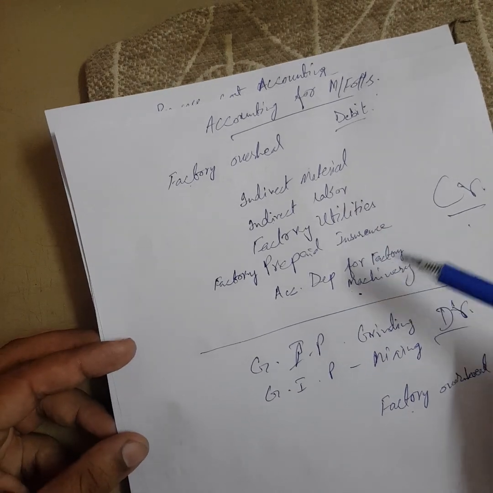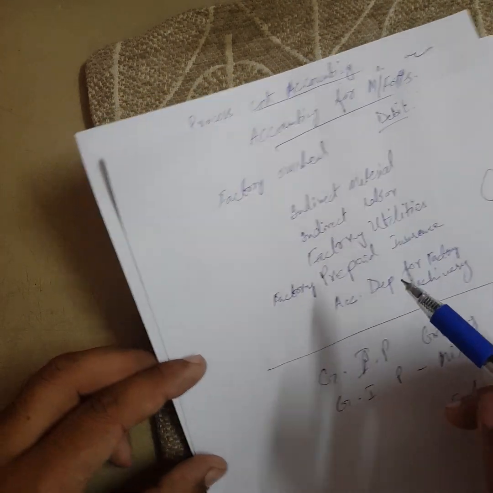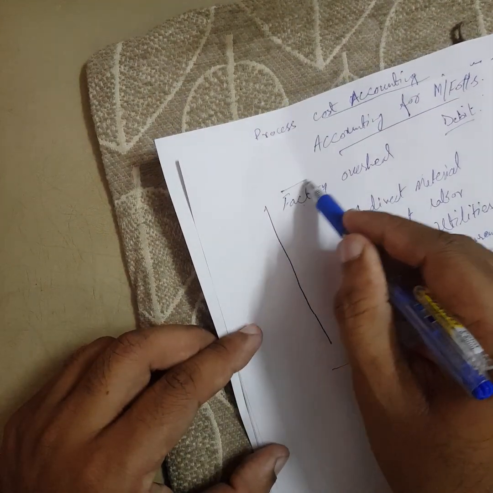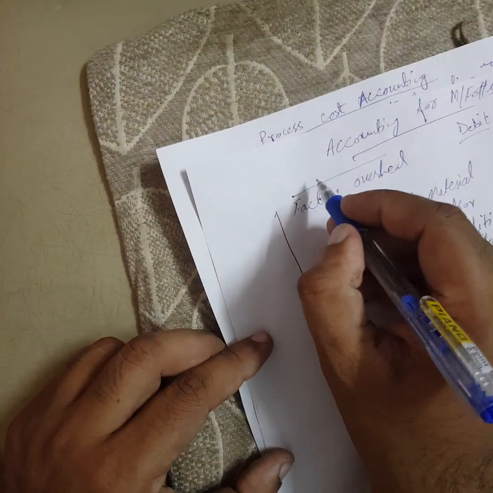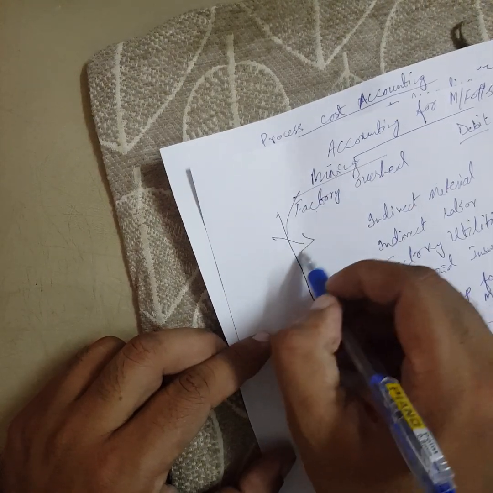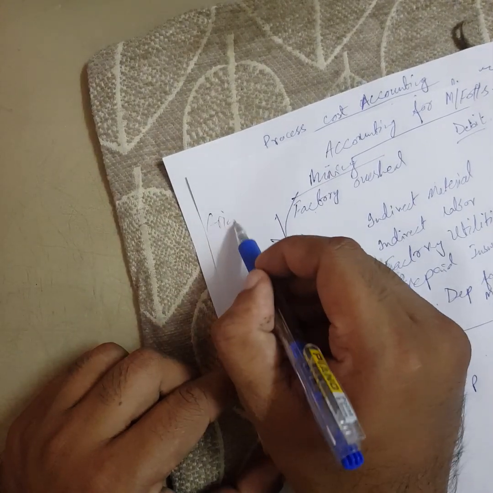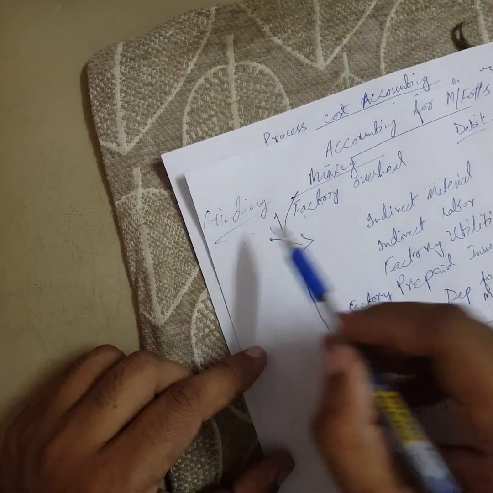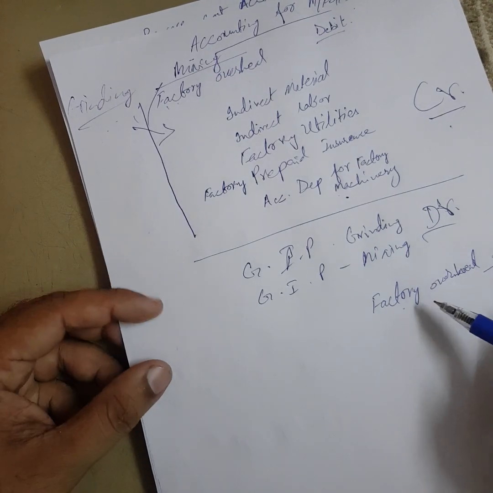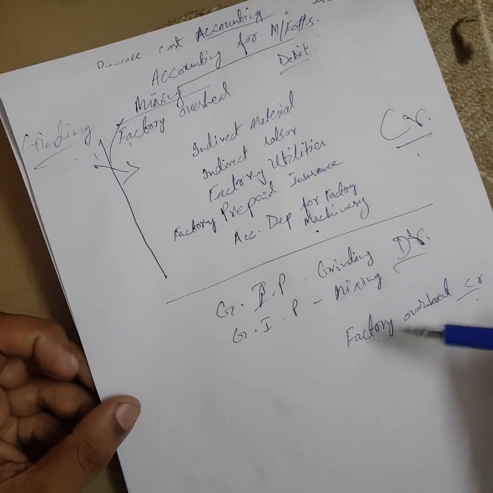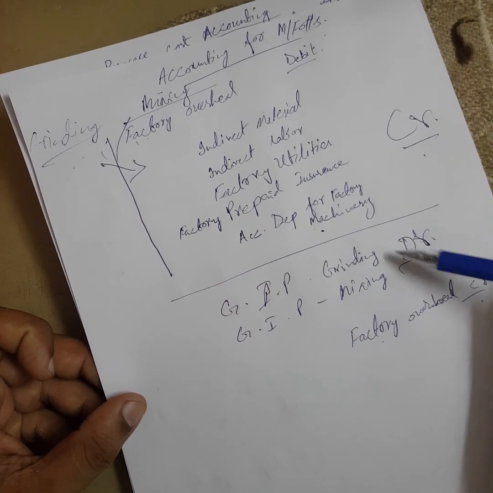We will add this. It means to deal with the process department entry, we have to pass two types of entry: one entry of factory overhead for the mixing department, and the same type for the grinding department, to calculate their overheads. After calculating these overheads, we will total these two overheads here, and write their individual overheads.